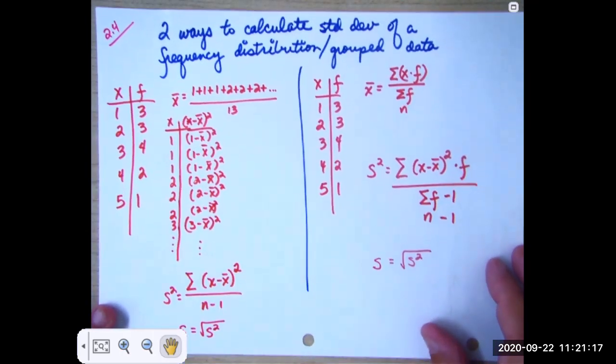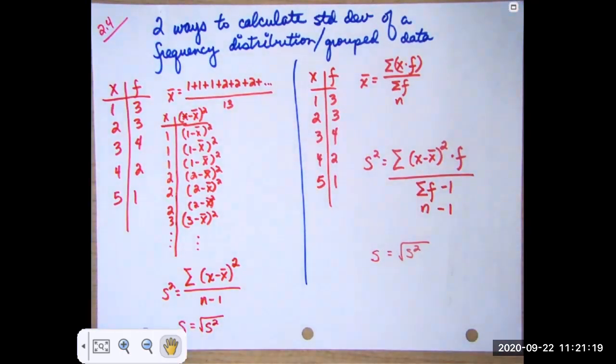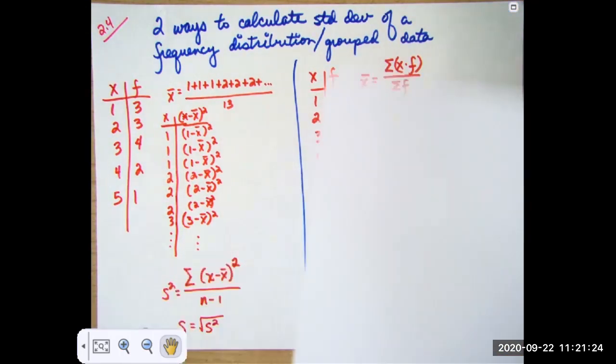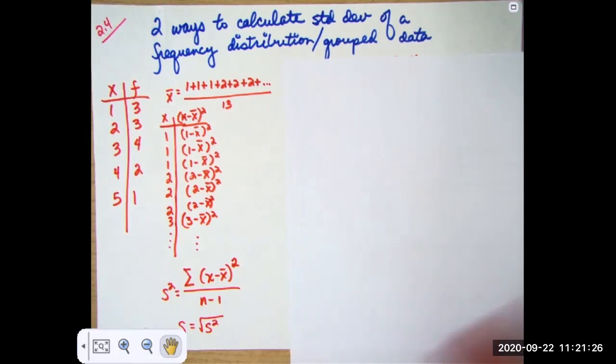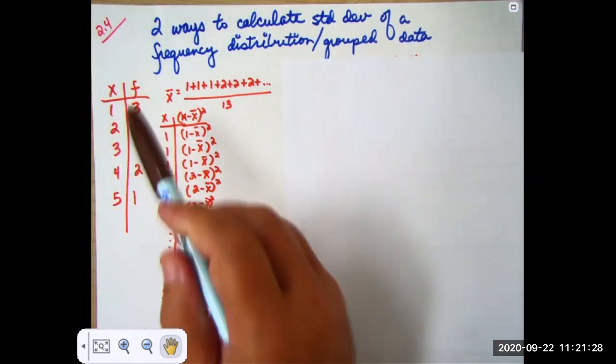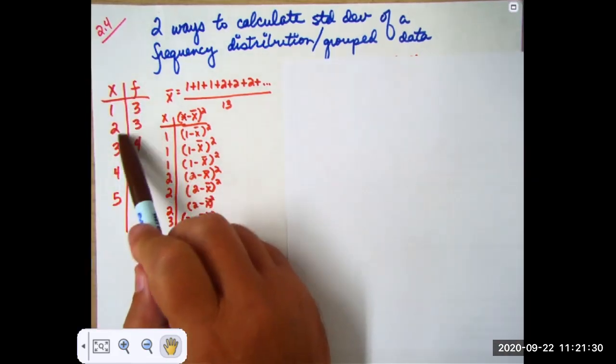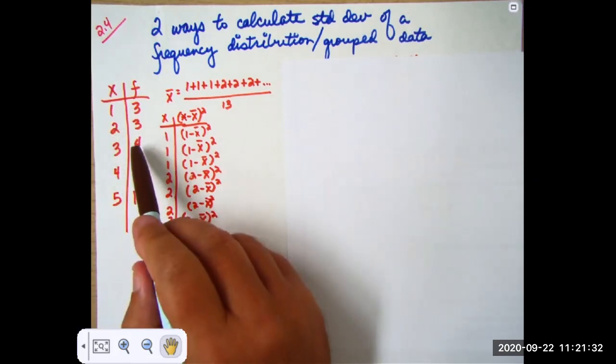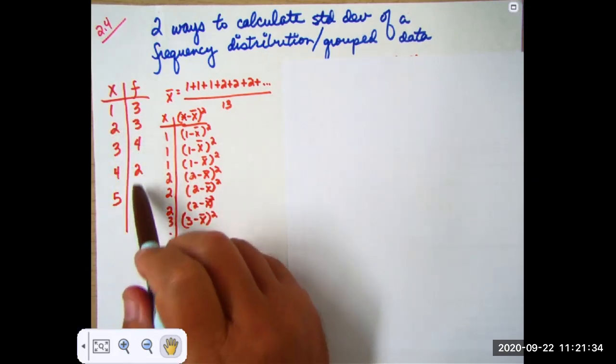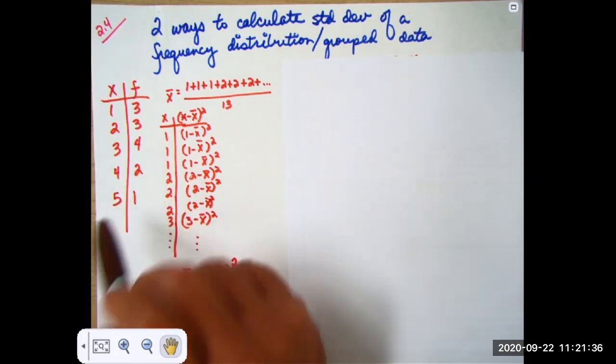So let's say I have data in a group, and I know this will freak you out when you see it, so let's just look at it. So let's say that I have 3 1s, 3 2s, 4 3s, 2 4s, and a 5.